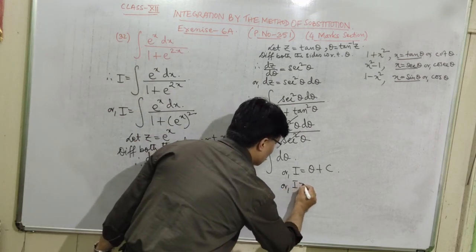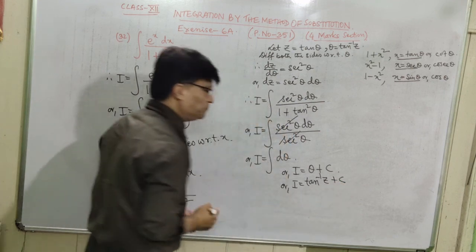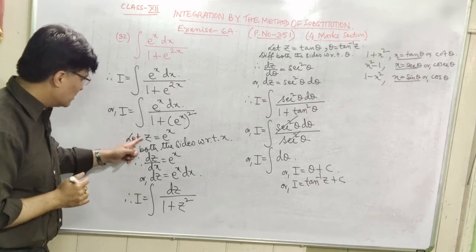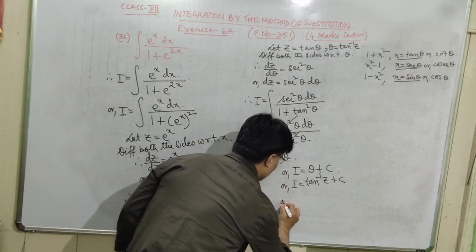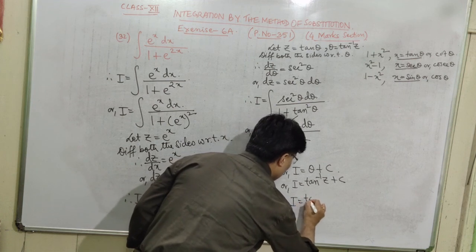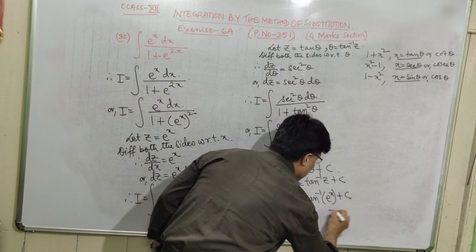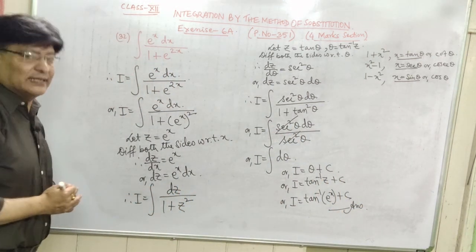But you have to write down the answer in terms of x. Again, what is z here? Z is equal to e to the power x. So here you can write I is equal to tan inverse e to the power x plus c. So this is the final answer.